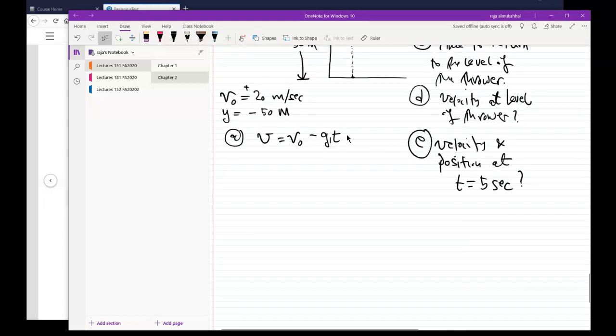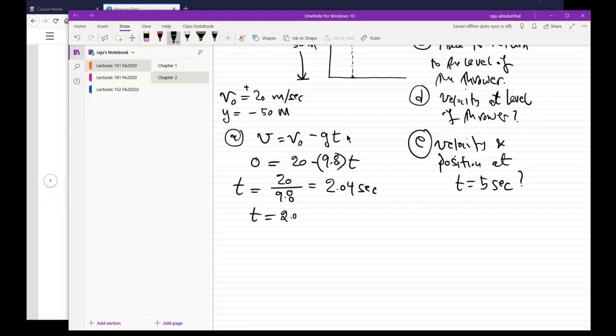So here we have 0 equals V naught is 20 minus 9.8 times the time. Well, of course, we're solving for time. So in this case, if I do the algebra, that's going to be 20 over 9.8. Is that right? When I calculate that, I will get 2.04 second. So it will take the object 2.04 second to reach the summit.